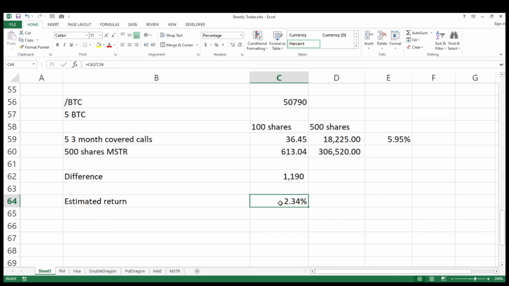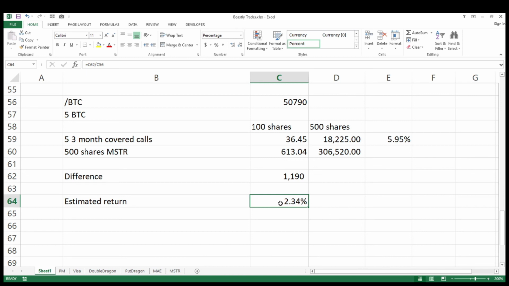I know for some people this is a little tough, a little bit much. But the takeaway is that futures basis trading, you want to think about it as a covered call.